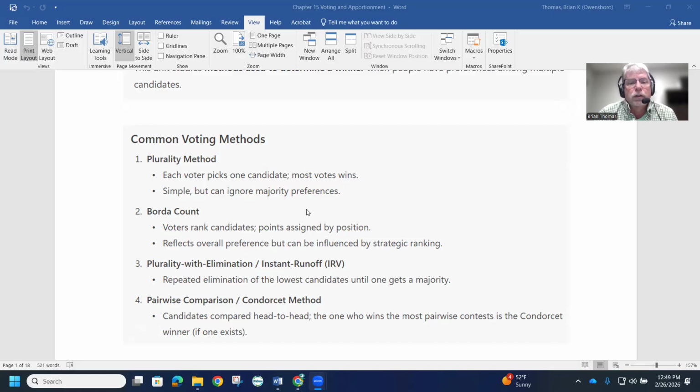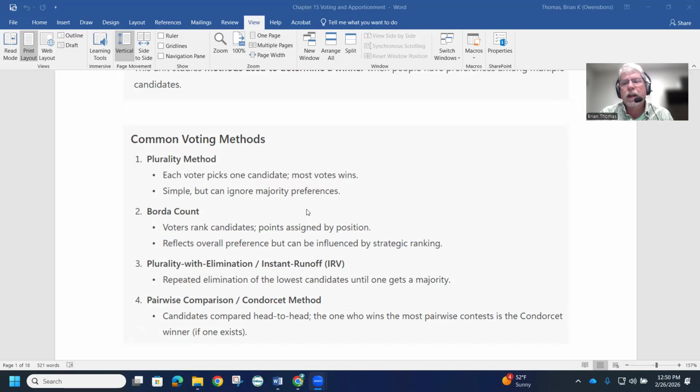But most of the time, when I think of voting, I think of state elections and national elections. We do some voting at the college level too, selecting people for different offices. A lot of times it's the plurality rule: each voter picks one candidate and the most votes wins.